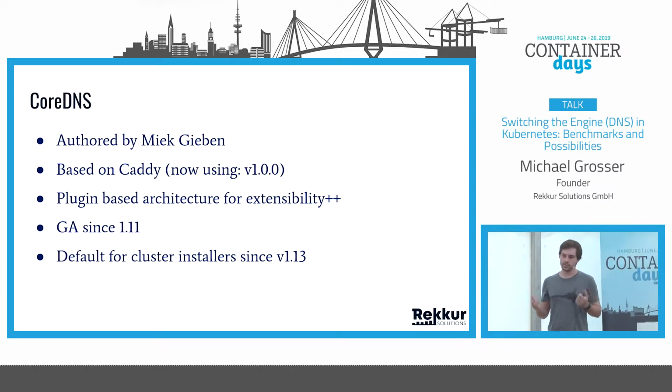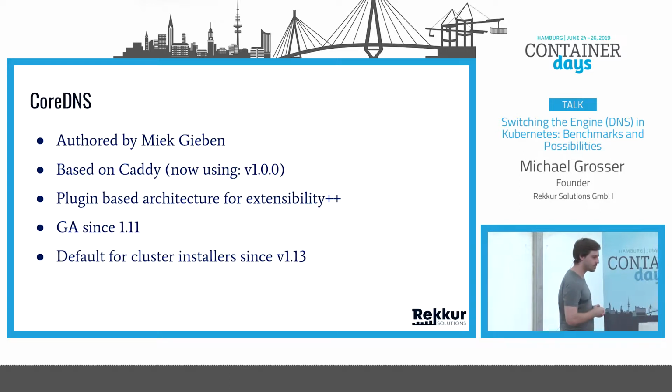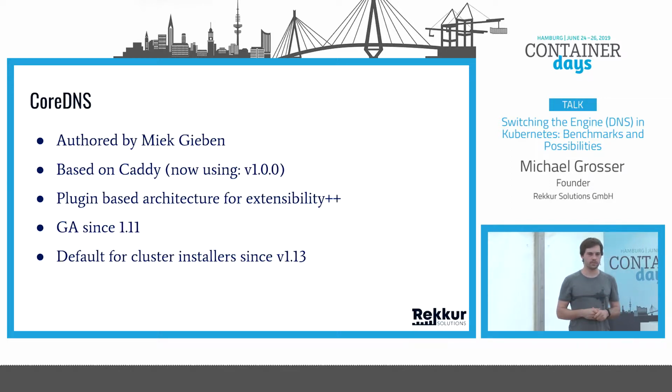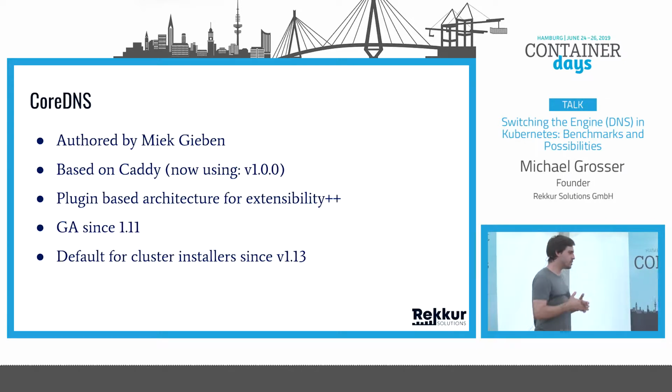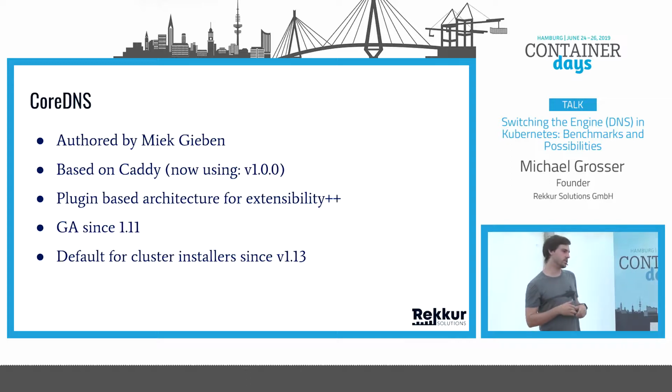So now jump into CoreDNS. That's basically not just the way to do cluster-based DNS, but it's most likely already running inside your own cluster. Since version 1.11, it's basically GA. Since 1.13, it's the default in almost all installs.